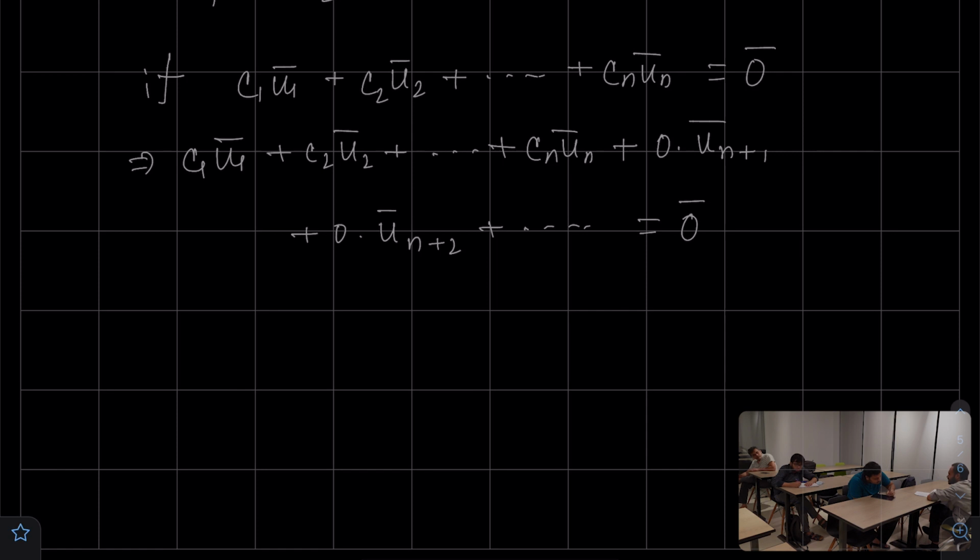Sir, is it sufficient? I think, yeah, because if I multiply some other number with a vector, then the summation will not be 0. But is it sufficient?